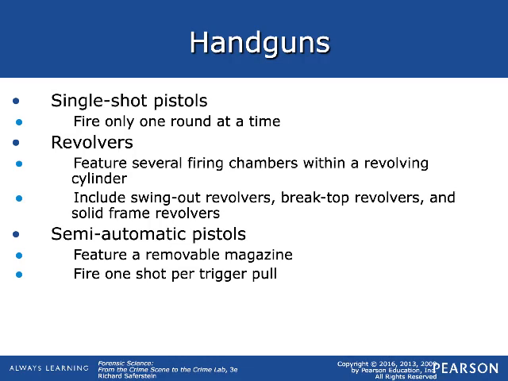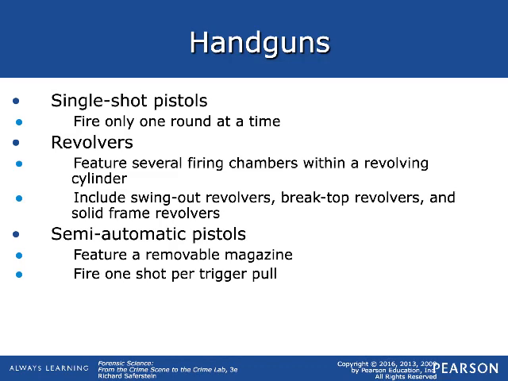So there are single shot pistols, which only fire a round at a time. Okay, there are revolvers, and revolvers have several firing chambers with a revolving cylinder, so that's where the revolver name comes from. There are swing out revolvers, break top revolvers, and solid frame revolvers.